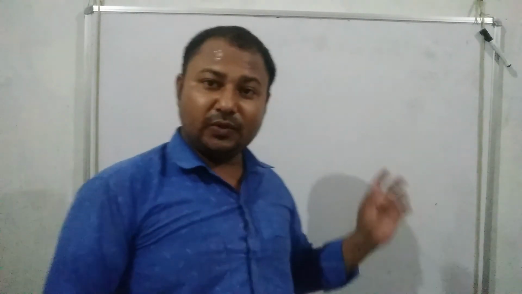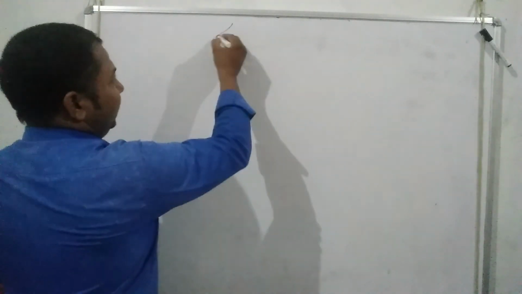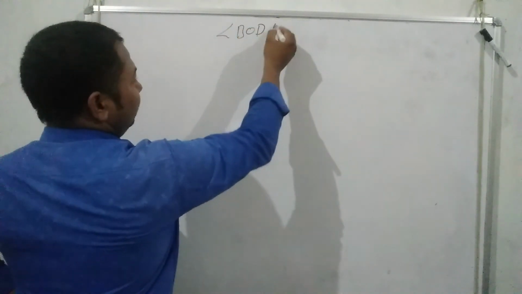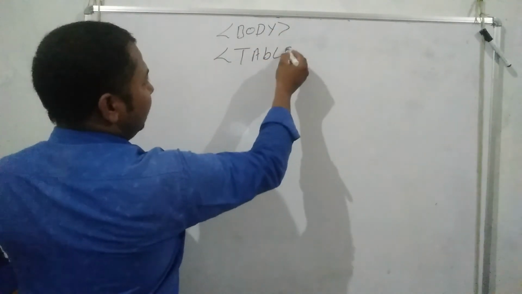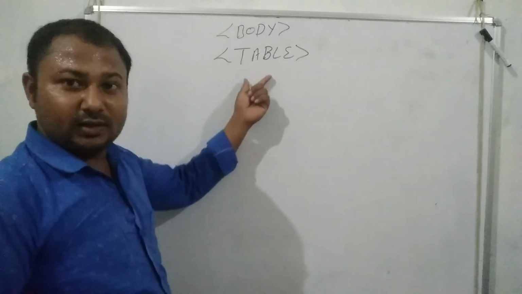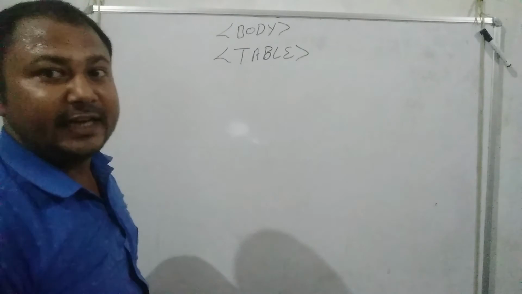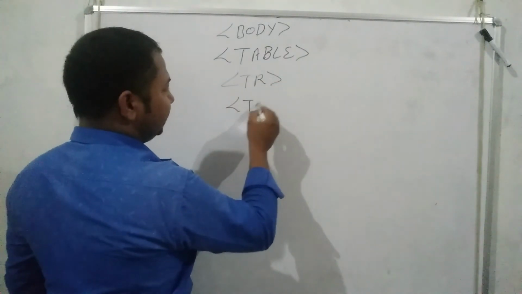In HTML we use the table tag. The table tag is used for creating a table like Excel. So we have to use the table tag in this way, like body and table. After this we use the TR and TD tags.